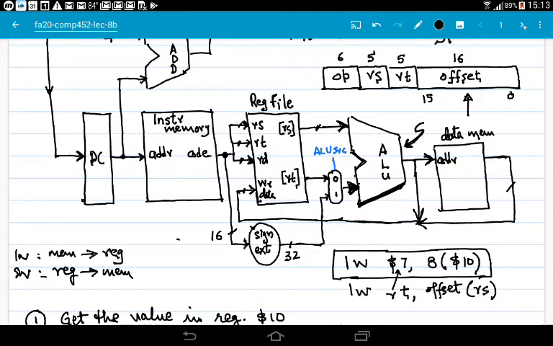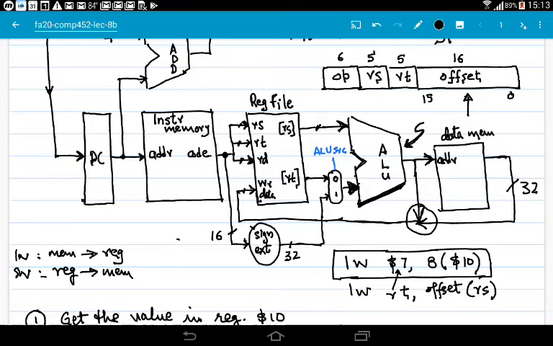Now this is also 32-bit data. Once again, you see we have a problem here. We have two signals coming together at one point. So what does it mean? It clearly means that we need a multiplexer here.